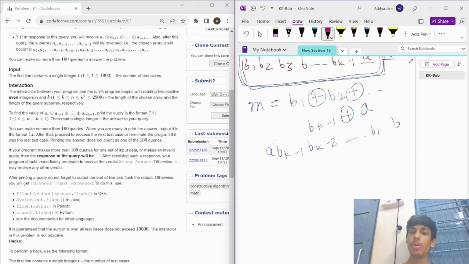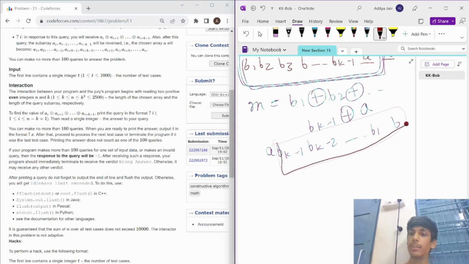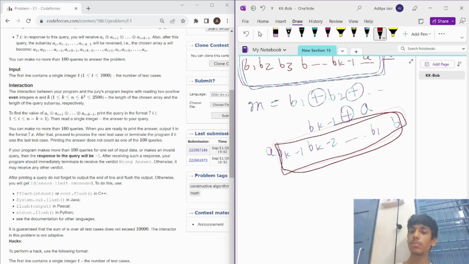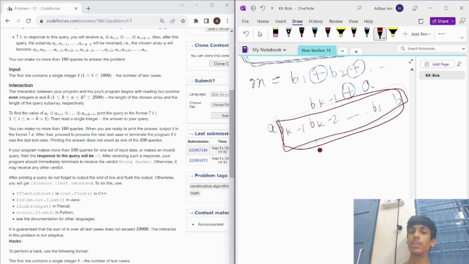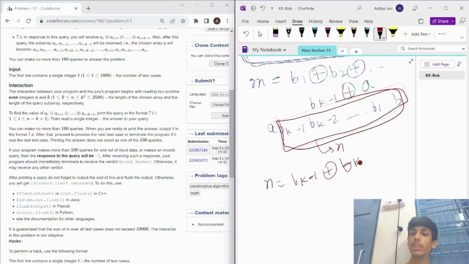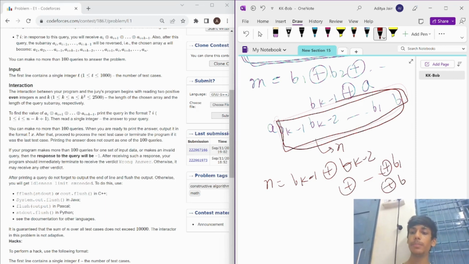Now I'll calculate the XOR of these k elements. Let the XOR be equal to n. So n is equal to A XOR bk minus 1 XOR bk minus 2 up to XOR b1 XOR B.